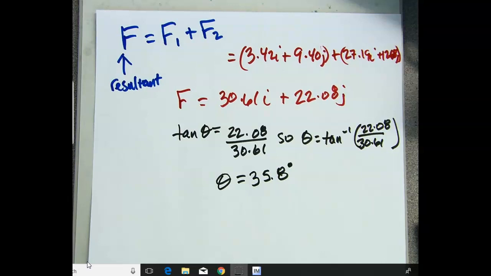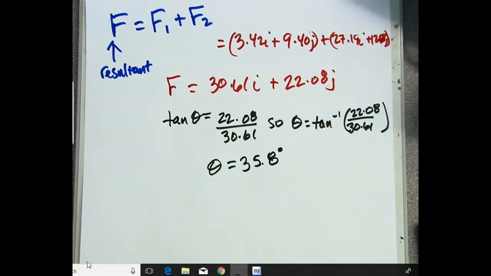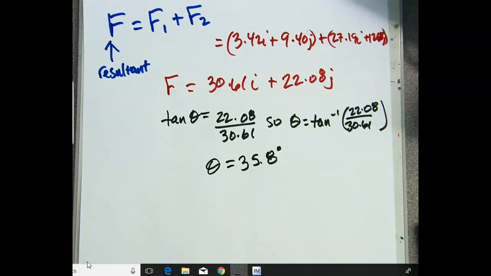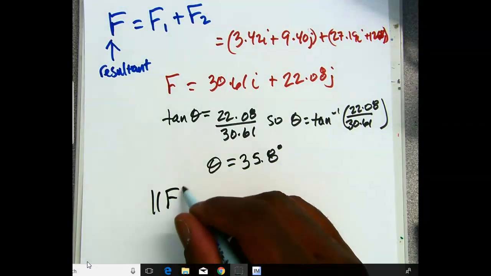Now we also have to be mindful of where this resultant vector is. Is it in the first quadrant, second, third, or fourth? This one is in the first quadrant, so we know that it's 35.8. Just like we did with the complex numbers, finding the angle measures, it's important to know what quadrant it's in. We're still not done.